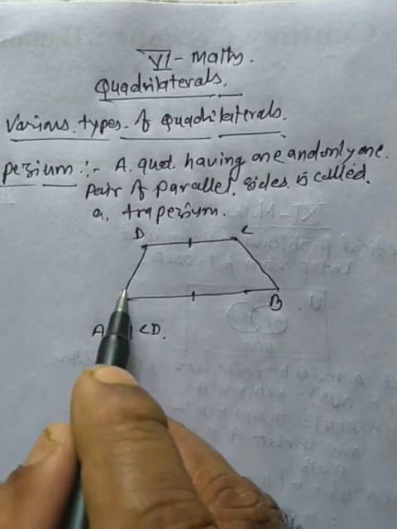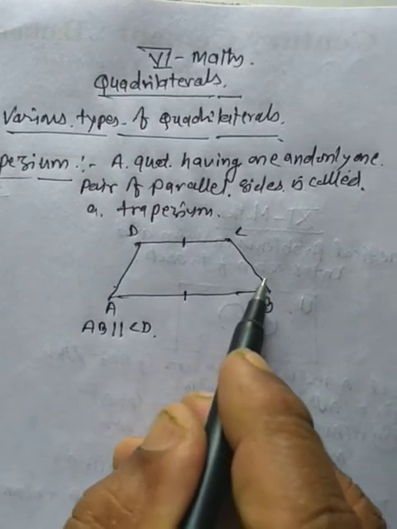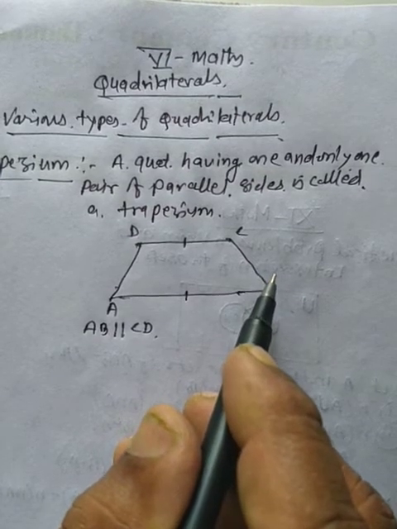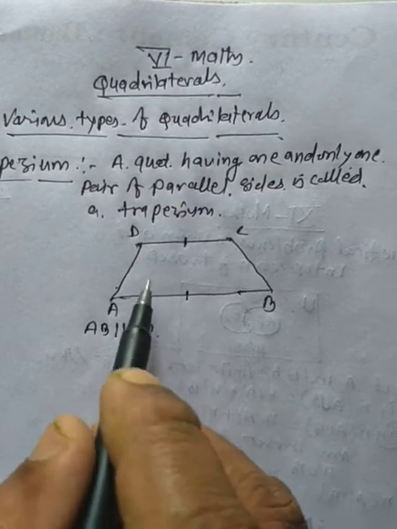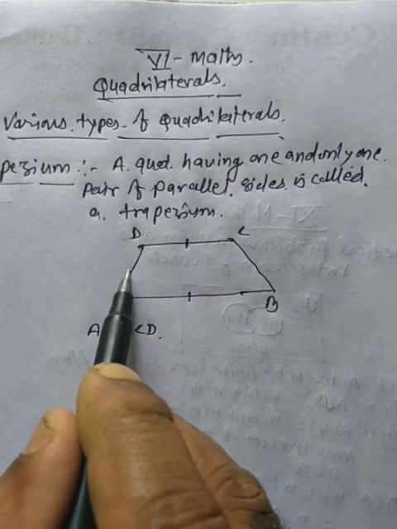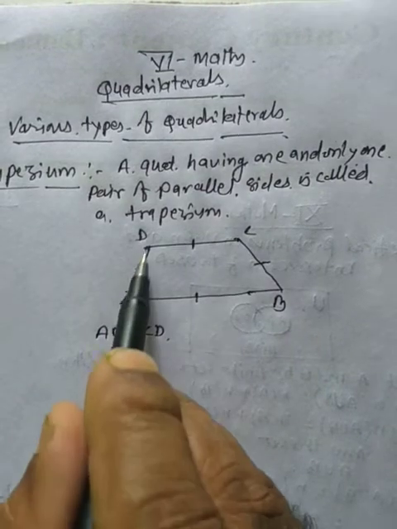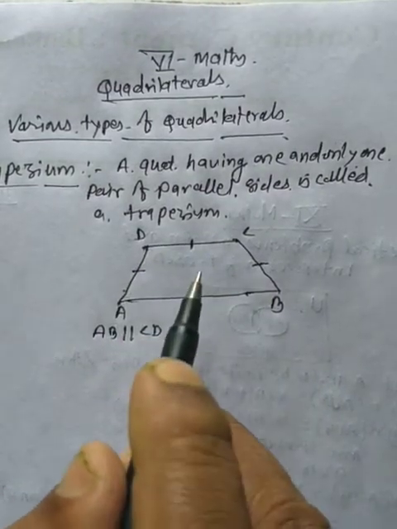A trapezium is said to be an isosceles trapezium if its non-parallel sides are equal. That means AD is equal to BC, then it is called an isosceles trapezium.